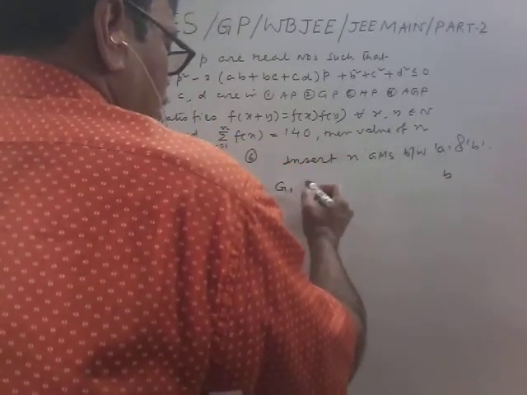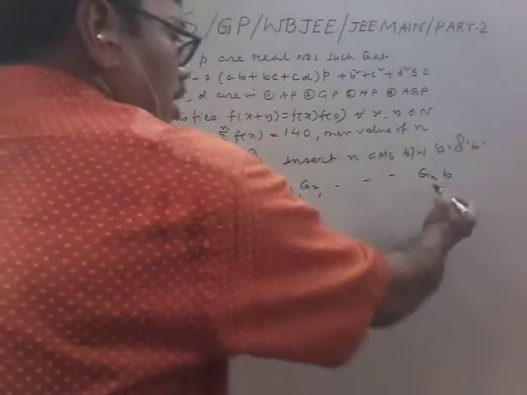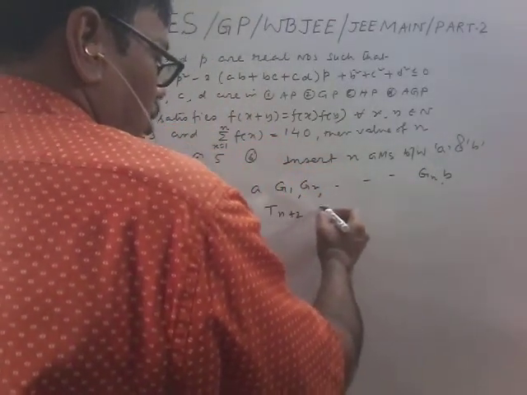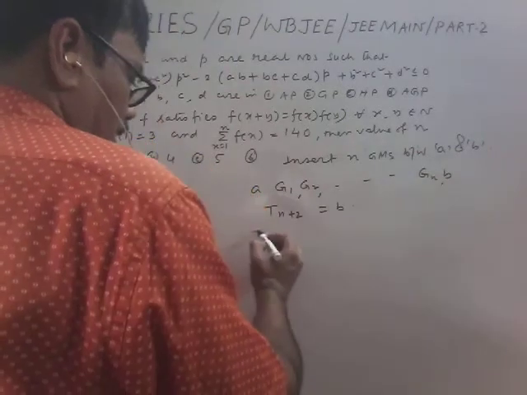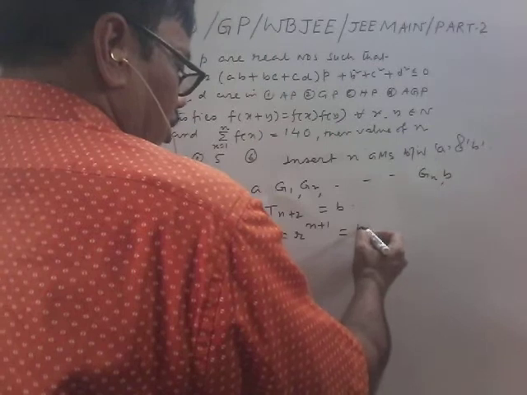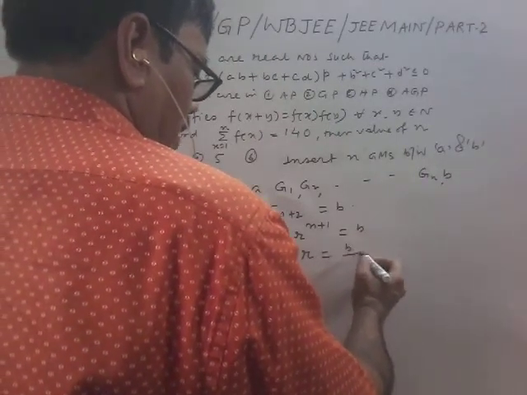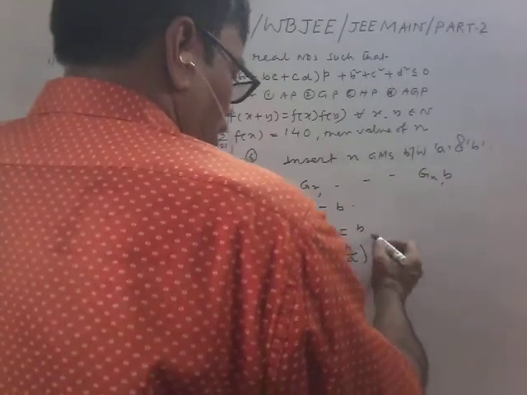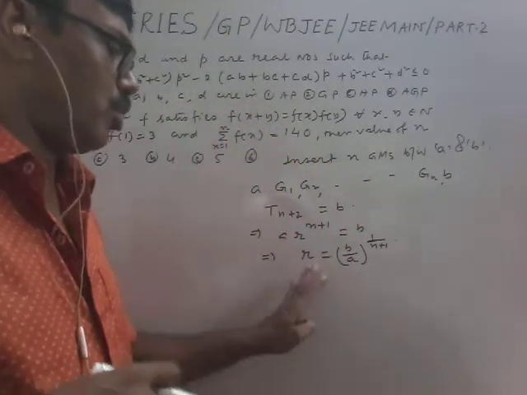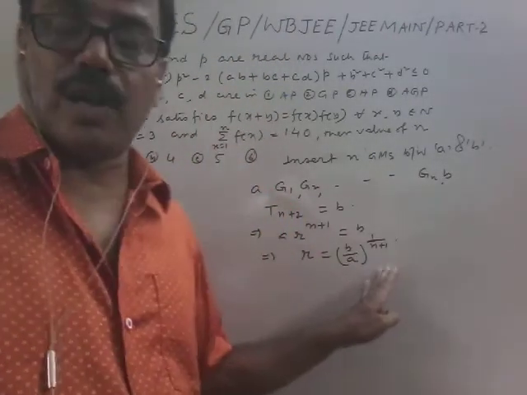How many GMs? n GMs, G1, G2, Gn. So how many terms? n plus 2 terms, the last being B. So A into R to the power n plus 1 equals B. So what is R? B by A whole to the power 1 by n plus 1. In case of AP, it is B minus A by n plus 1.